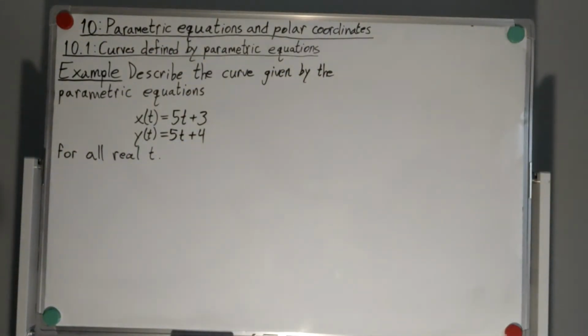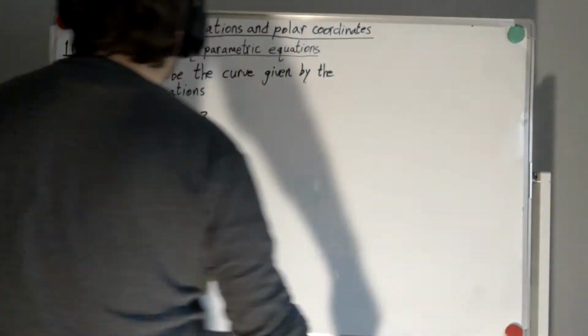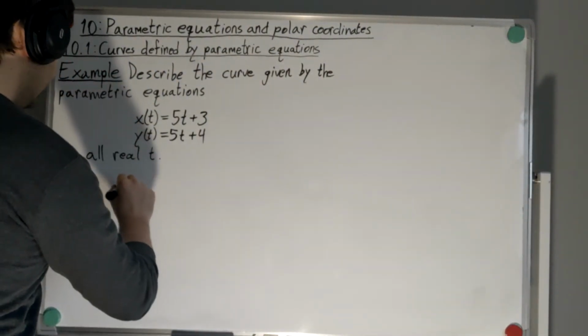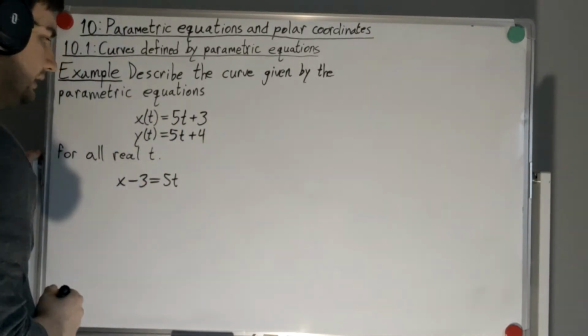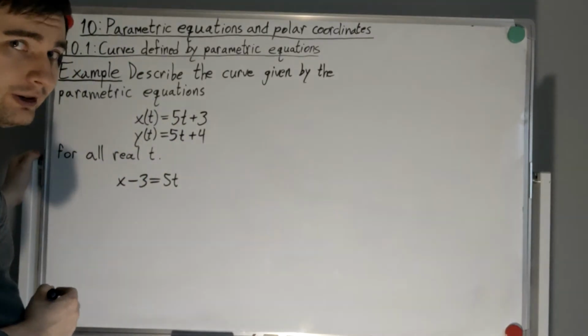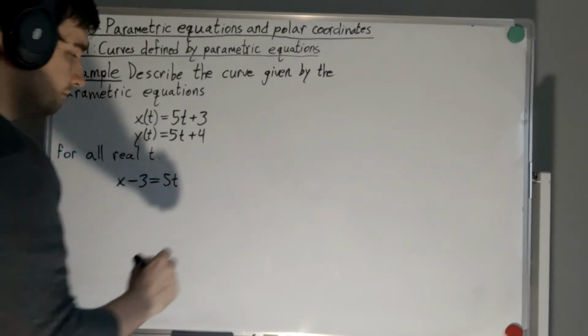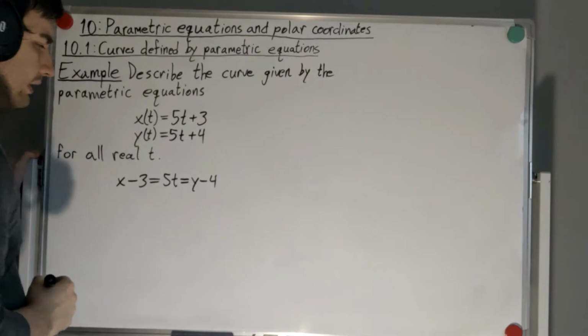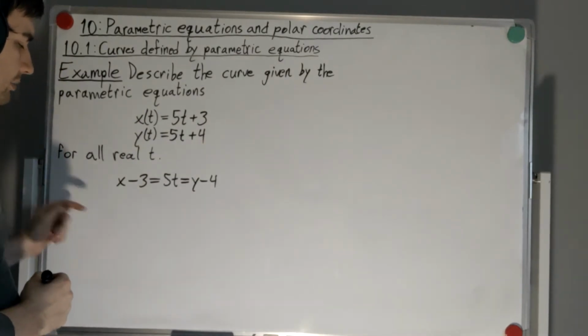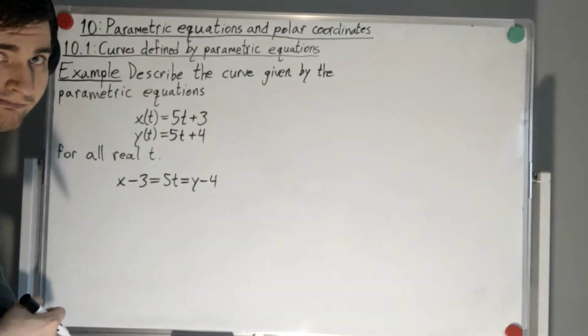Well, you just take a look at this for a second and you realize if I take x minus 3, then that's 5t. And if I take y minus 4, that's also 5t. So then a Cartesian description of this curve would be x minus 3 equals y minus 4.